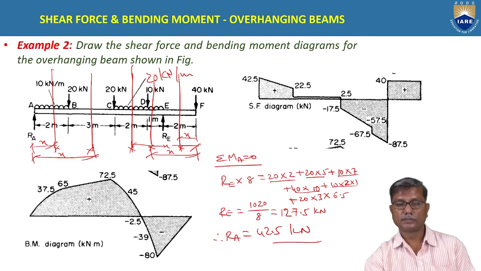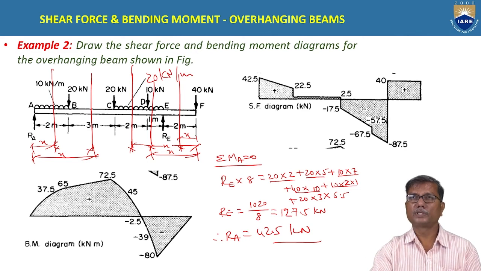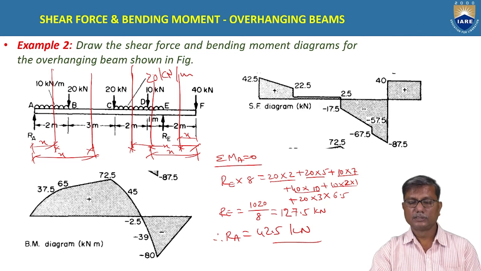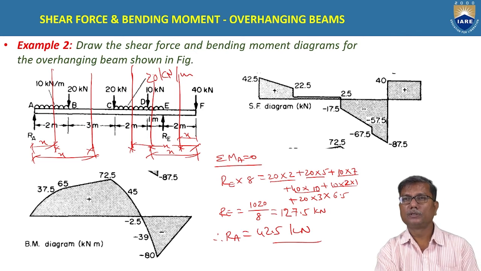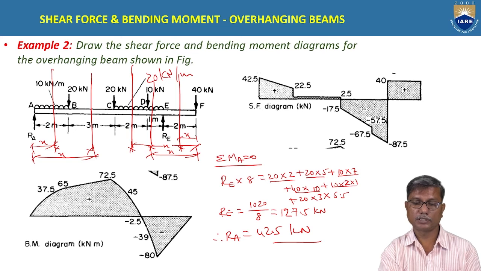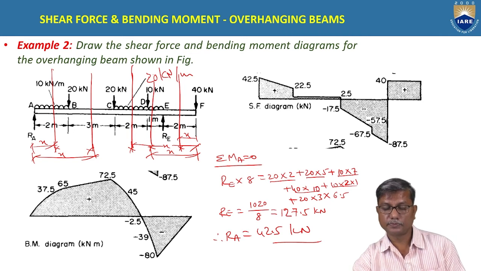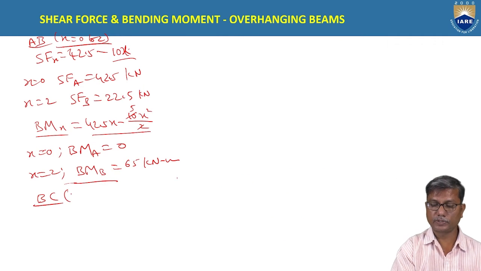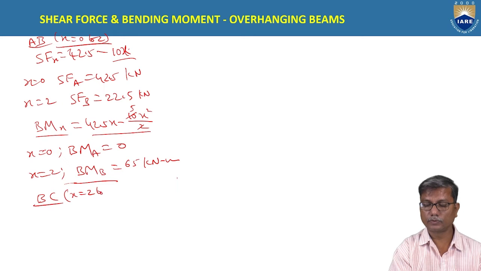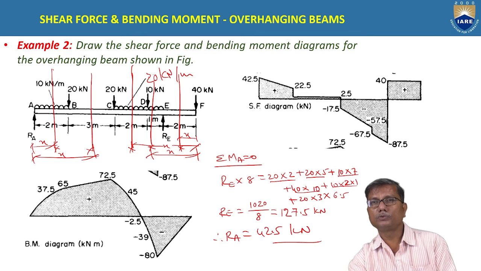Now we take the section between BC. For this, the shear force at section X is RA, that is 42.5 minus 20 minus 10 into 2, minus 20. So it is 2.5. The limits for x are from 2 to 5.